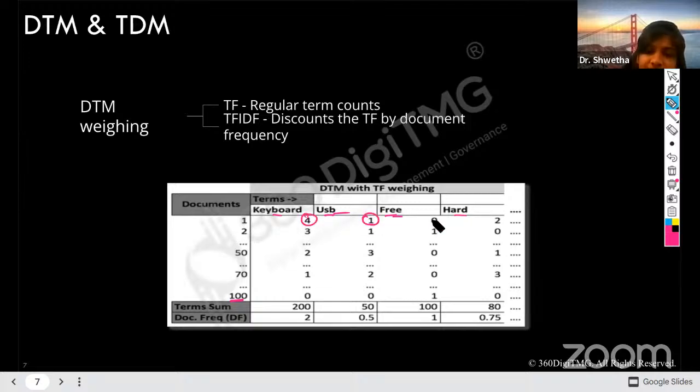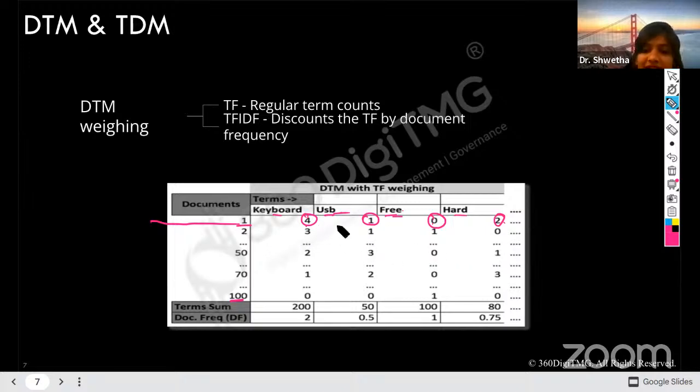This is the frequency with which each word is repeated. In document 1, keyboard was repeated 4 times, USB 1 time, free 0 times, and hard 2 times. Like that, you're trying to see for all the documents what is being talked about.